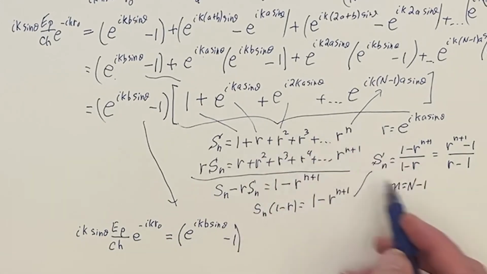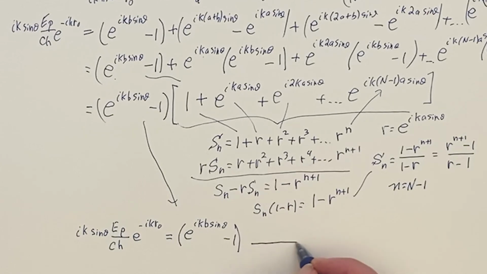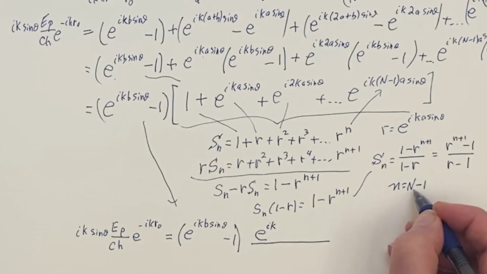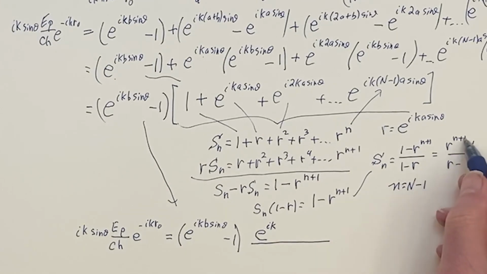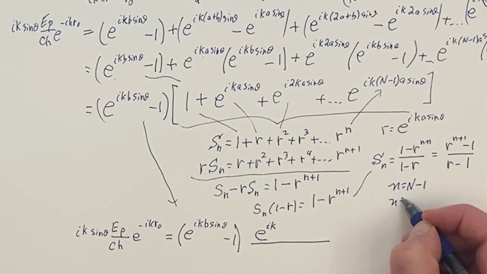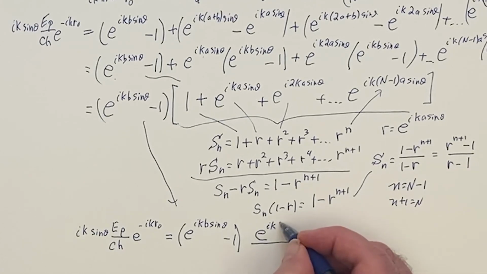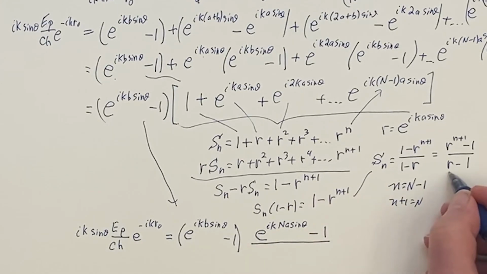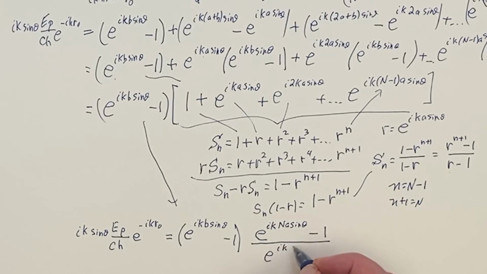And now for all this stuff, we're going to use our formula. It's going to be r to the n plus 1, and here r is e to the ika sine theta, and remember little n plus 1 is capital N. So that's nice. This is just N a sine theta, and then minus 1. And then in the bottom, we have e to the ika sine theta minus 1. So this is what we have.